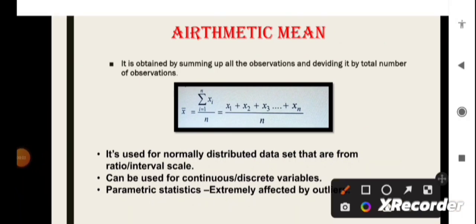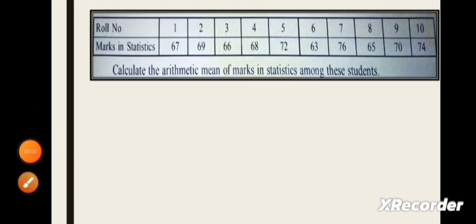Arithmetic mean is used for normally distributed data sets that are from ratio or interval scale, and it can also be used for continuous and discrete variables. Arithmetic mean is a parametric statistic, that is, it is extremely affected by the outliers.